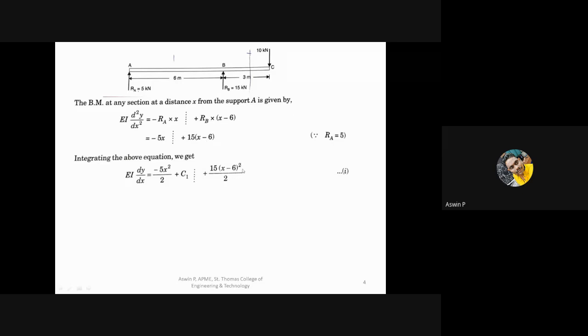And you should be very careful that we are only integrating all these terms for this Macaulay's method. And if we are considering a mathematical problem, we will take x minus 6 as x square by 2 minus 6 into x.